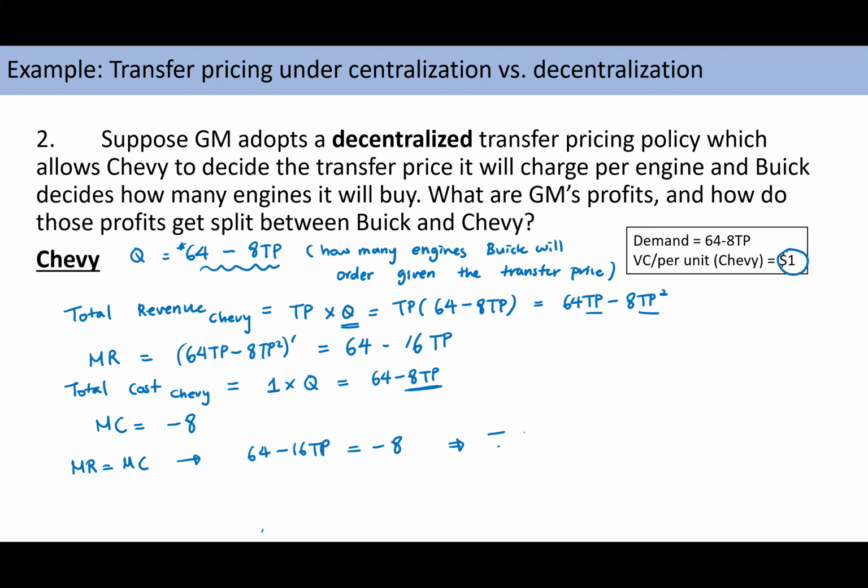We find that Chevy will be able to maximize their profit when they set their transfer price at $4.5. So now we know what the transfer price is, and now we can find the profit of GM and the profit of Buick and Chevy as well. How? Let's do this in the next slide.